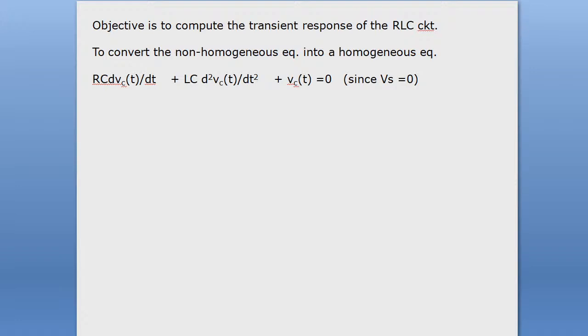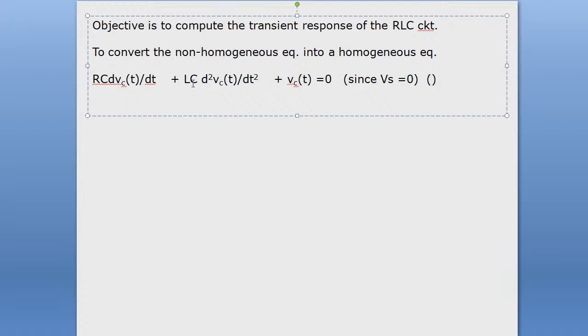On the other hand, we need to compute the transient response. To compute the transient response, you first convert this non-homogeneous equation into a homogeneous equation by considering Vs equal to 0. Now we have a linear second order homogeneous differential equation. I hope you know the basic difference between homogeneous and non-homogeneous equations.